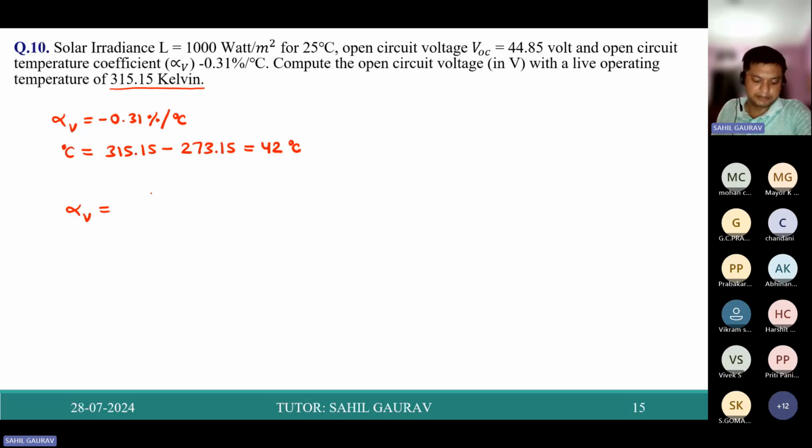We know the expression for alpha V: change in open circuit voltage upon VOC at ambient temperature, at 25 degrees Celsius, upon delta T, into 100.